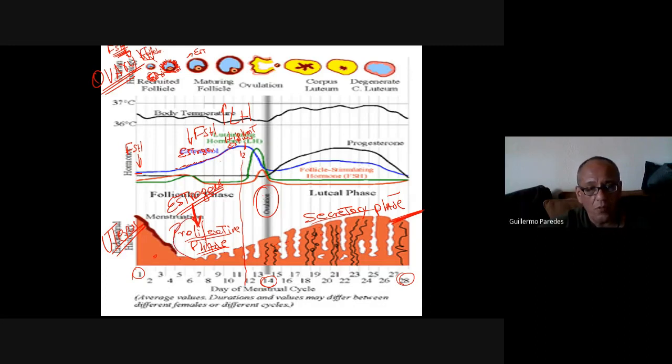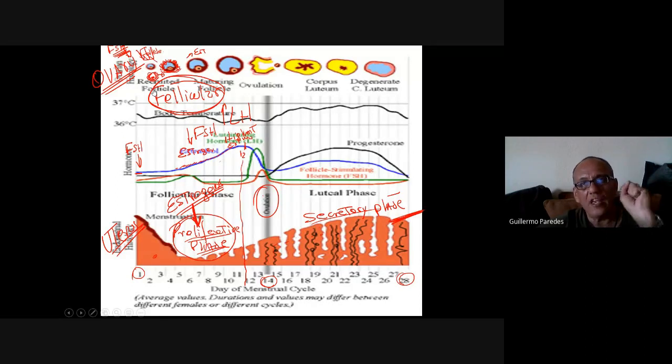This phase on the endometrium is called the proliferative phase, but the phase on the ovary is called the follicular phase. So there are two events happening simultaneously. The follicular phase is the proliferation of the follicles in the ovary, and the more proliferation produces more estrogens. Those estrogens go to the uterus to produce the proliferative phase of the endometrium. Is that clear or no?